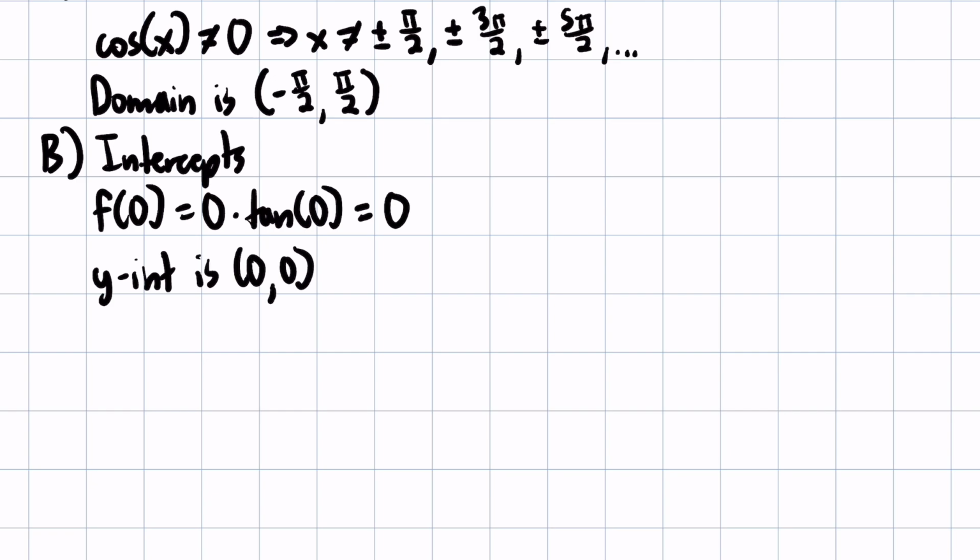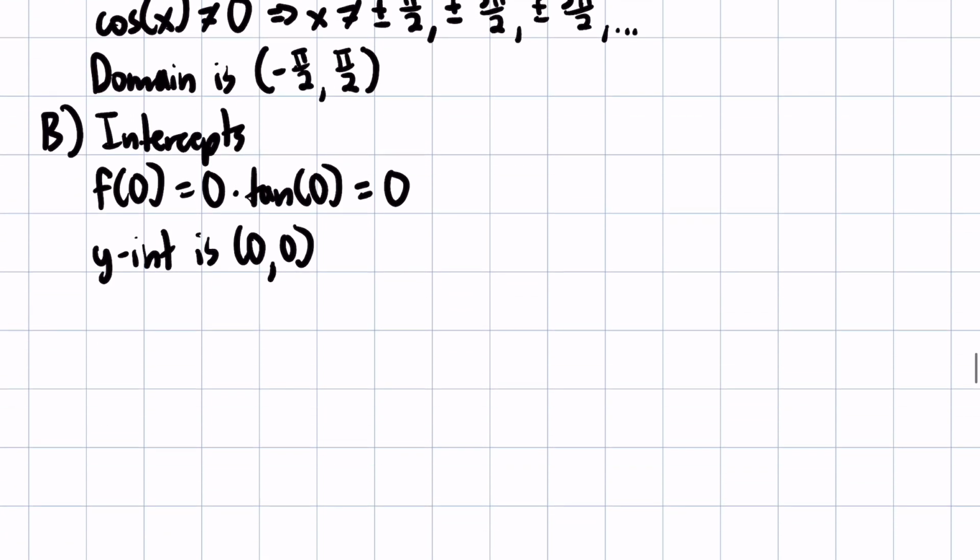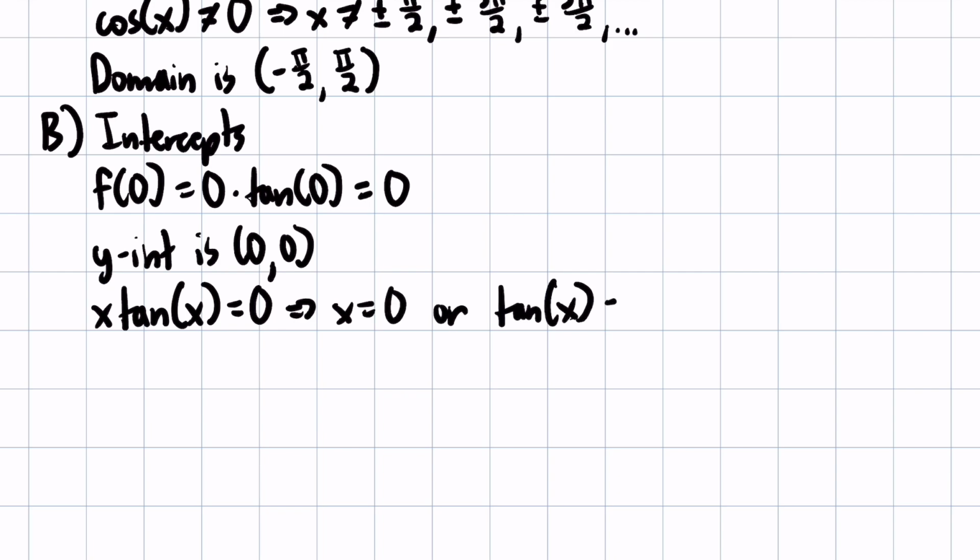And then for our x-intercept, we want to set the function equal to 0. So x times tangent of x equals 0 means either x equals 0 or tangent of x equals 0. So again, this is sine of x over cosine of x. So if you don't know the zeros of tangent, you can figure it out this way too.